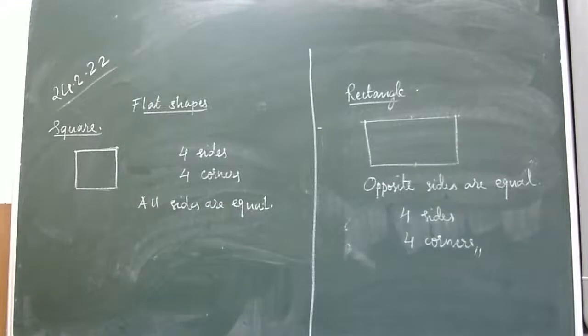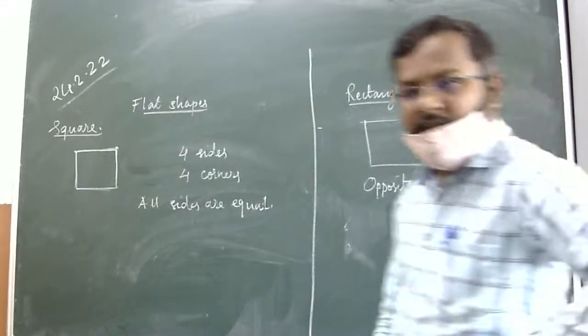Okay. So we have already done this. So after square and rectangle, what is your next shape? Can somebody guess the next shape? Triangle. Okay. So your next shape will be triangle.